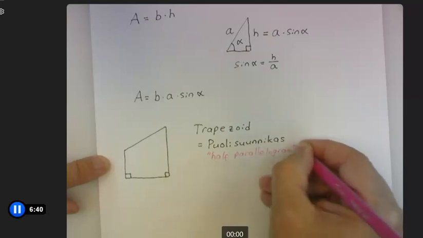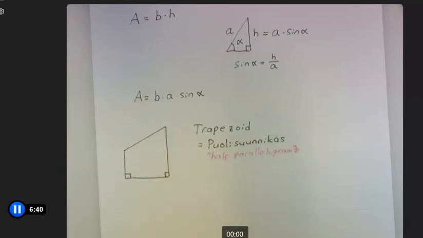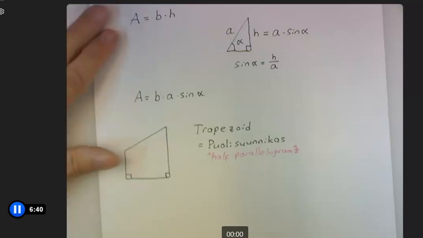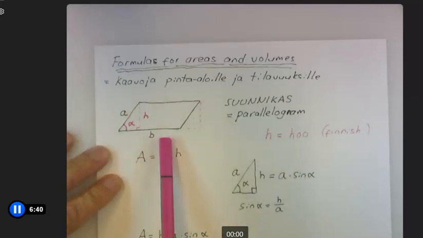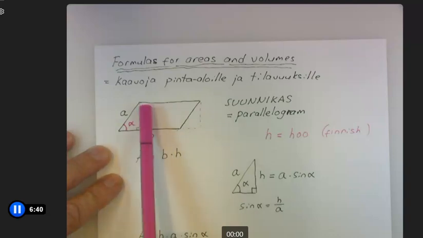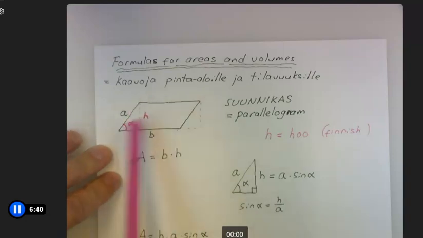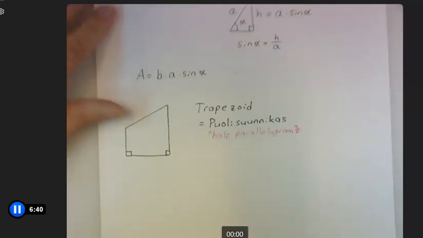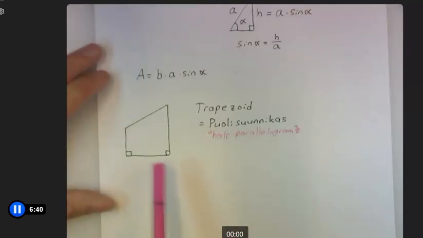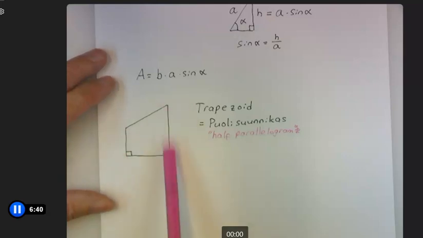In that sense, in a parallelogram or suunnikas you had two pairs of parallel sides. These are parallel and these are parallel. But in a trapezoid or puolisuunnikas there is only one pair of parallel sides.